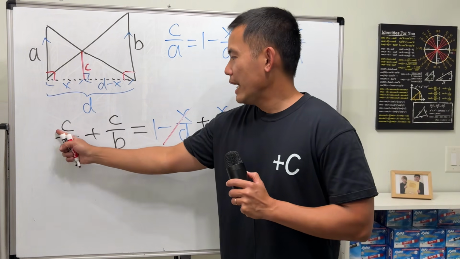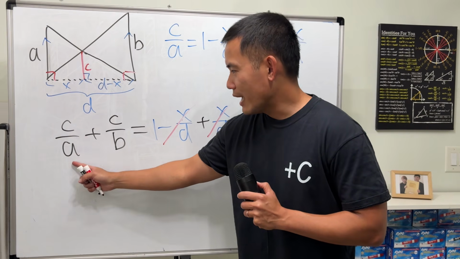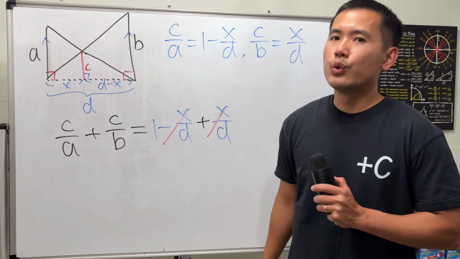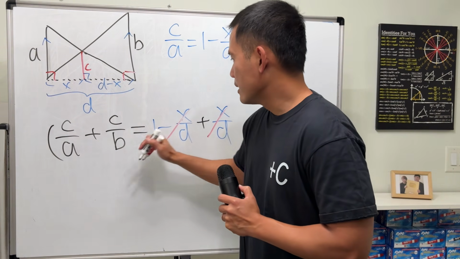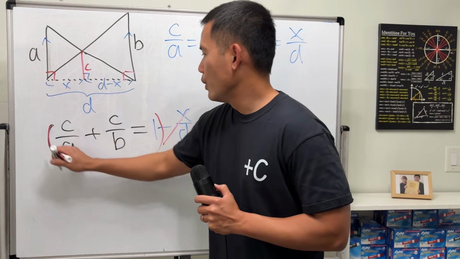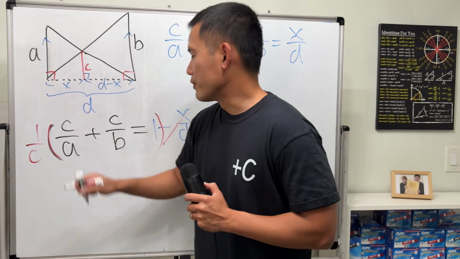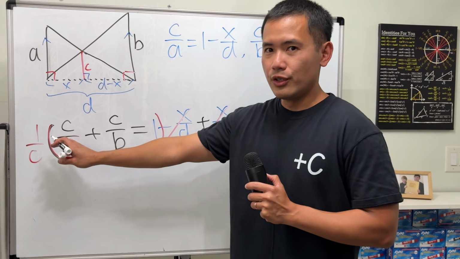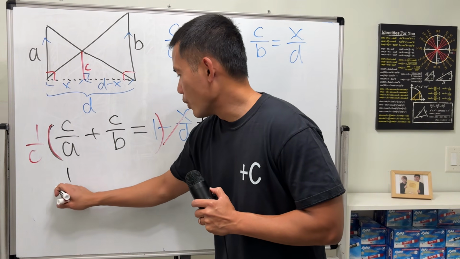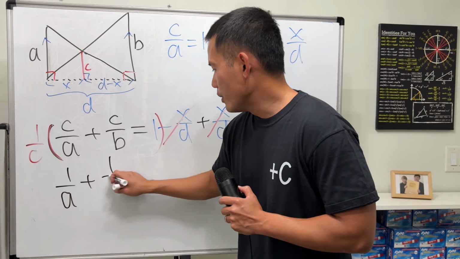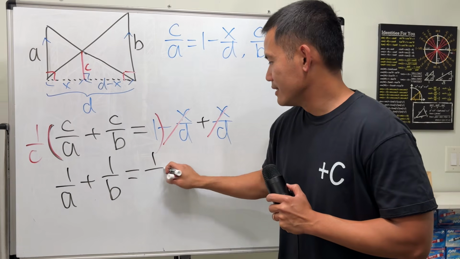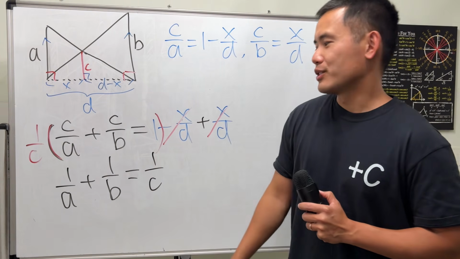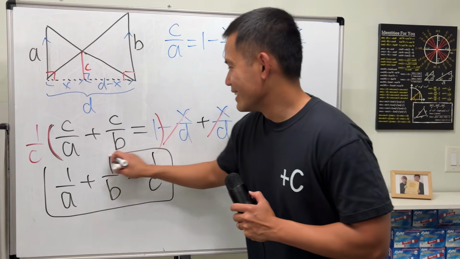So we have C over A plus C over B equal to 1. If you look at this equation, we can divide everybody by C, so I can multiply by 1 over C right here. So ladies and gentlemen, this gives us 1 over A plus 1 over B equals 1 over C. And that is the connection I showed you guys earlier. That's it.